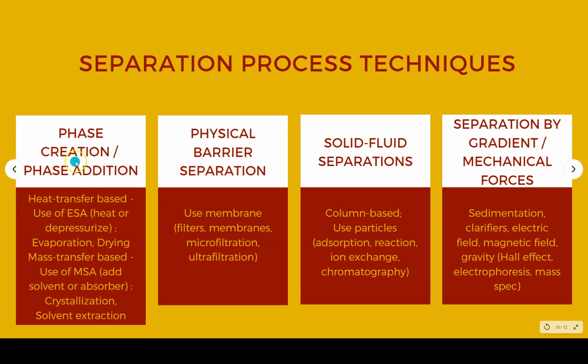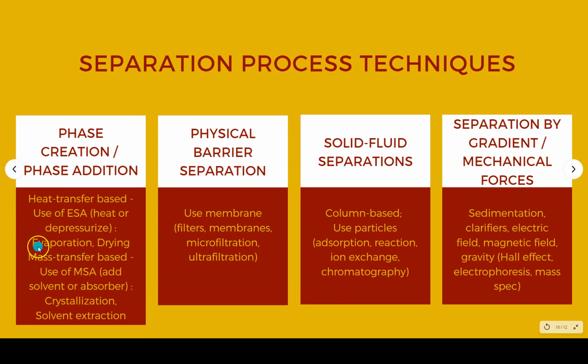What is phase creation and phase addition? In this separation technique, we use either heat transfer based or mass transfer based. For heat transfer based, we use a separating agent based on energy, by heat or depressurization, heat energy or pressure energy, we can make the separation process occur.